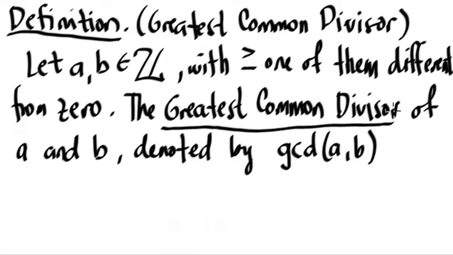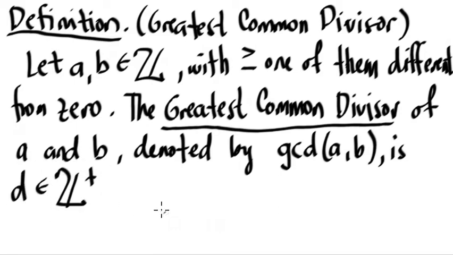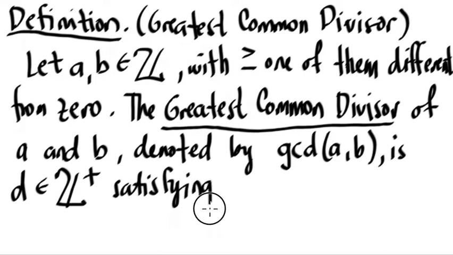Therefore the greatest common divisor of a and b is the positive integer d, which is in the positive integers, satisfying the following conditions.